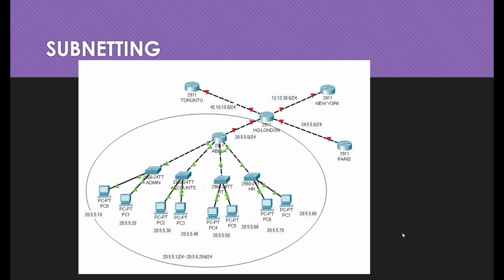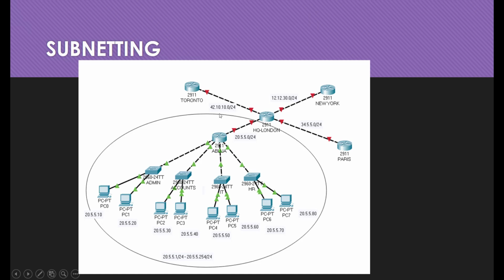So I was able to set up a network, and here we have headquarters in London. Then we also have branches in Toronto, New York, Paris, and Abuja. So here we have different parent networks issued to the different networks that connect to the headquarters.